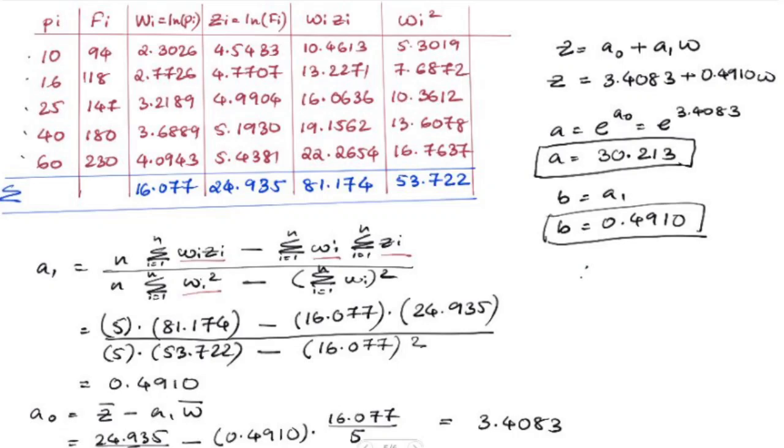So now we can write our equation in the form f is equal to a times p to the power b. So we have f is equal to a, that is 30.213, times p to the power b, that is 0.4910. So this is our final result.